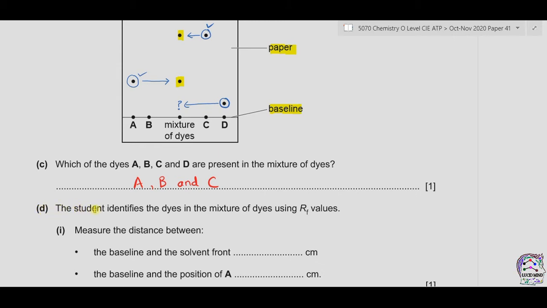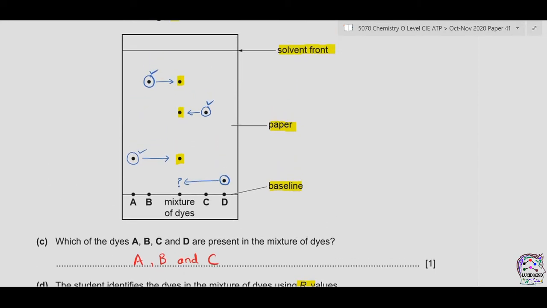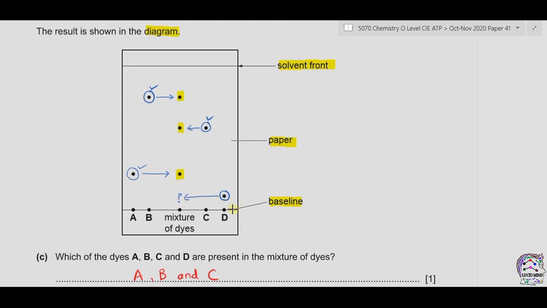Part D. The student identifies the dyes in the mixture of dyes using RF values. Measure the distance between the baseline and the solvent front, and the baseline and the position of A. This is the given baseline and the distance from the baseline to the solvent front is this much and it is about 6 cm.